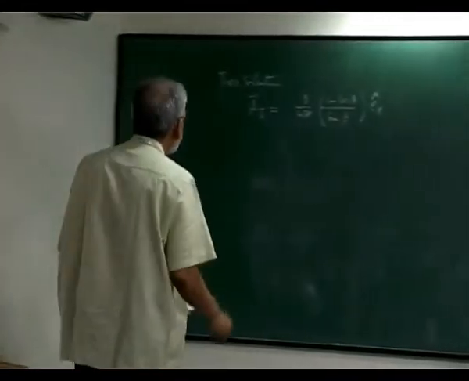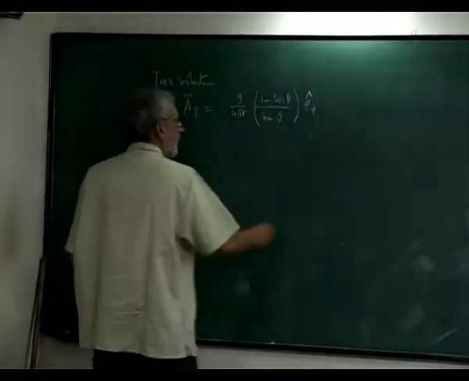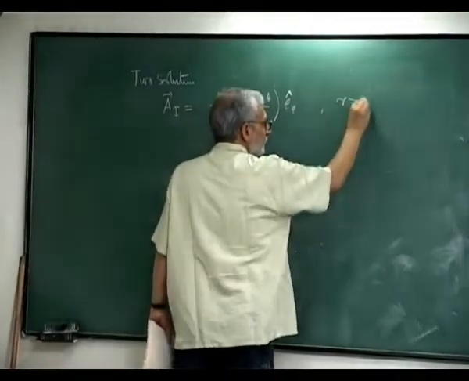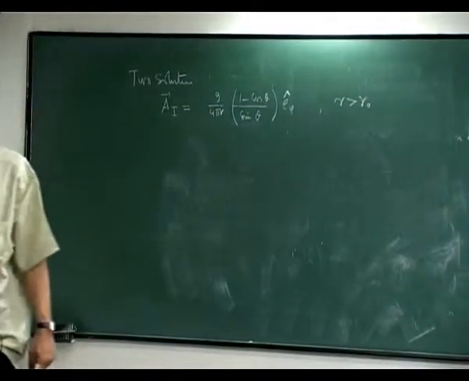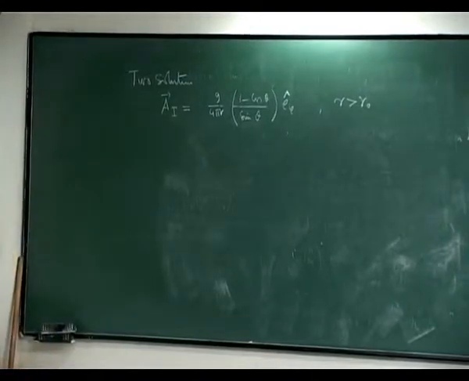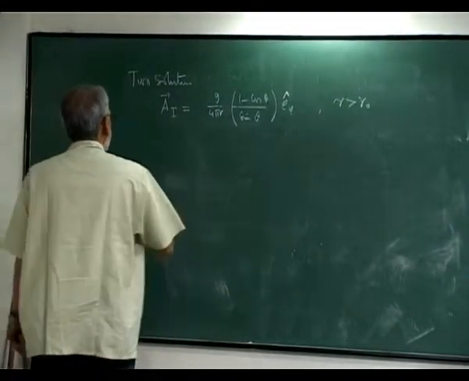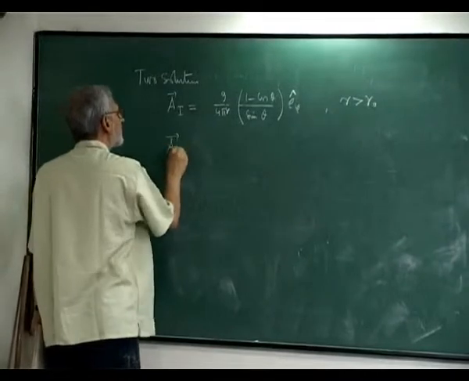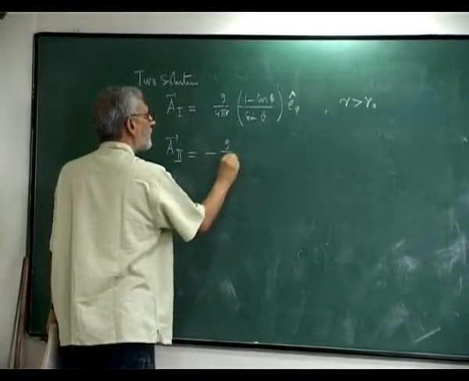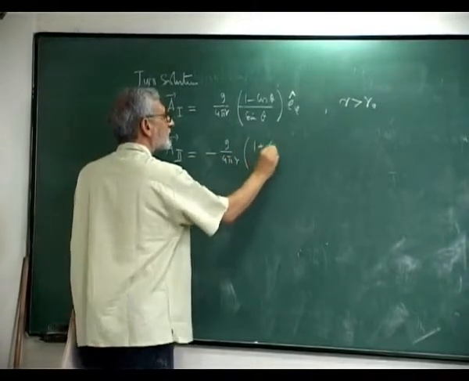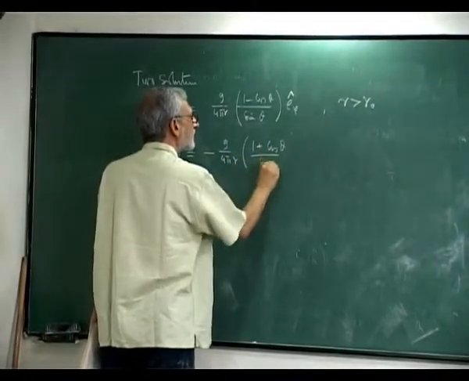The other one, and we are considering all these for a region a little away from the origin. Second solution, call it A2, is minus g by 4 pi r, 1 plus cosine theta divided by sine theta, E phi.